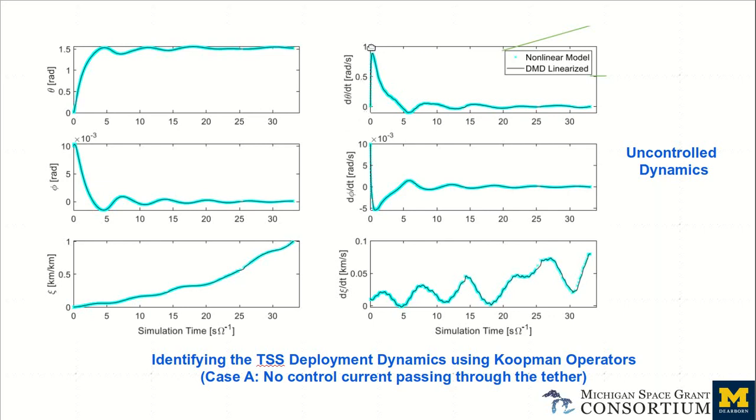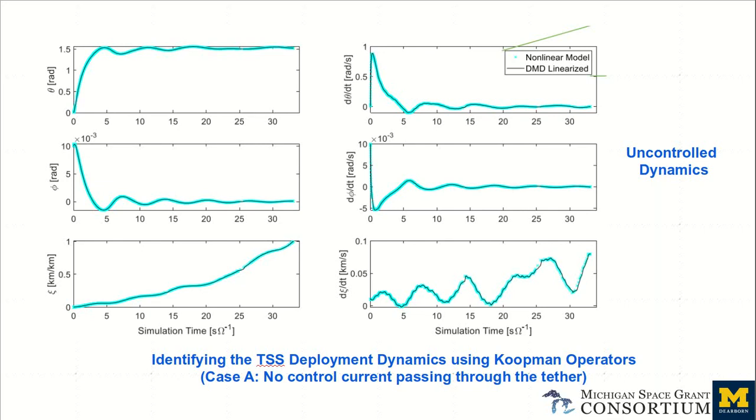The nonlinear model is generating the blue lined data, and the linearized dynamics which is obtained from applying the Koopman operator theory is giving us the black lines. As you can see, there's a very good overlap between the linearized dynamics and the data which is generated by the nonlinear model.